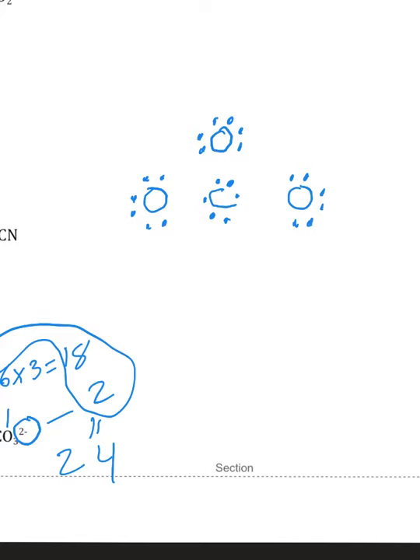Alright, so let's make some pairs. Bond these oxygens onto the carbon. Let's take those, why not? And then I'm going to redraw this. Let's see. I have 1, 2, 3 electrons left on this carbon.